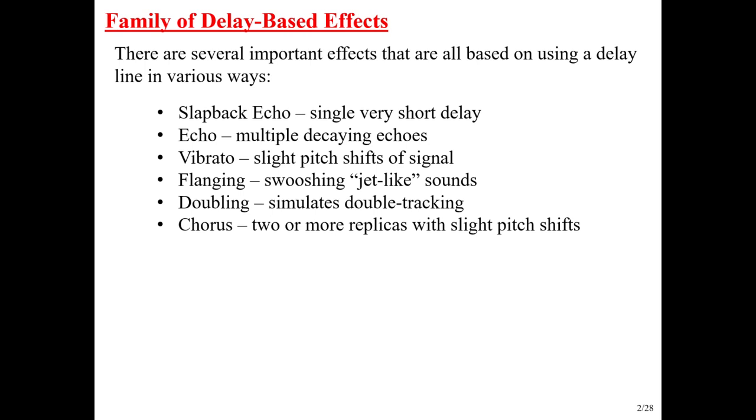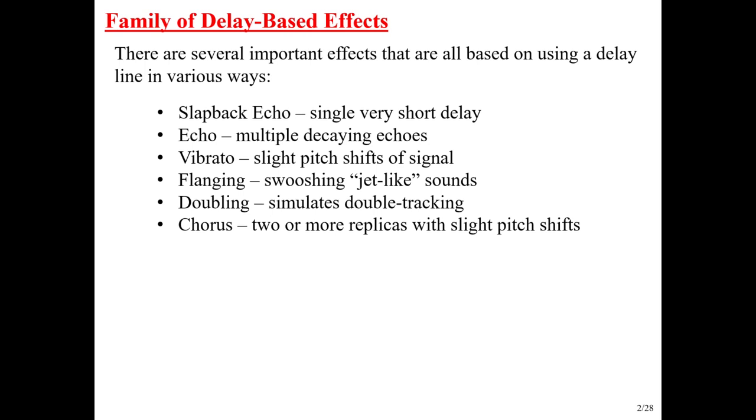And then chorus is along the lines of doubling, except now we're maybe delaying it a little bit more and giving it a slight pitch shift that might vary ever so slowly. So doubling, you're not really supposed to hear that there is a second voice. It just makes the voice sound a little bit more robust.